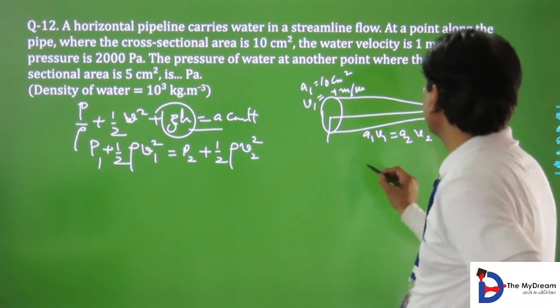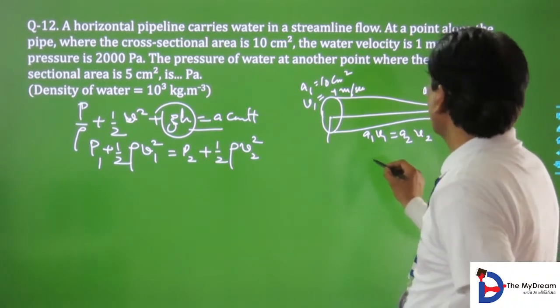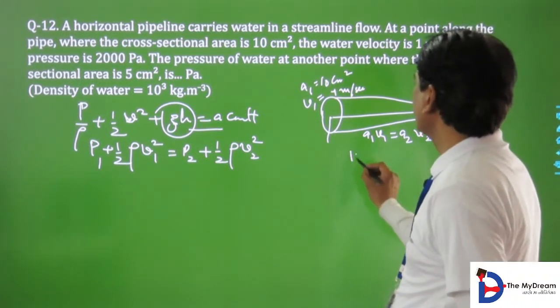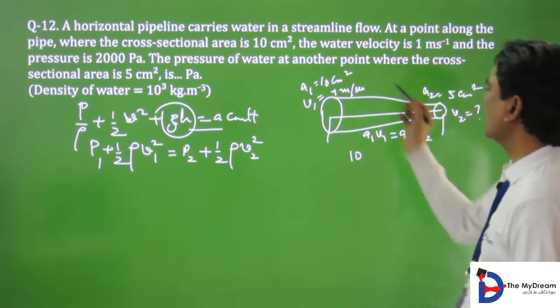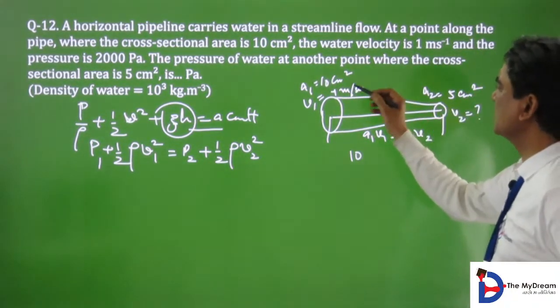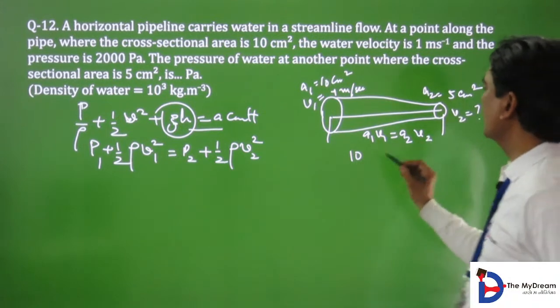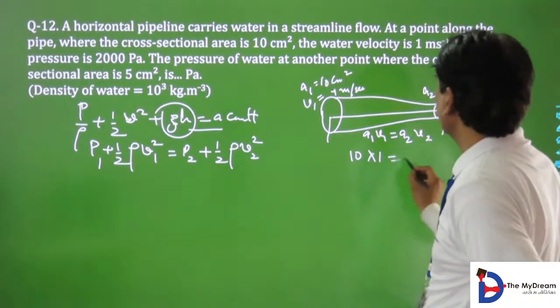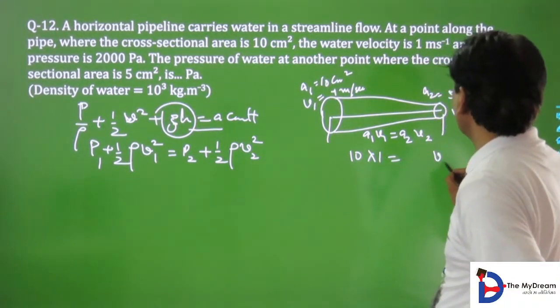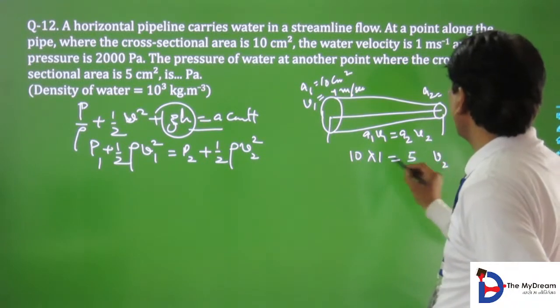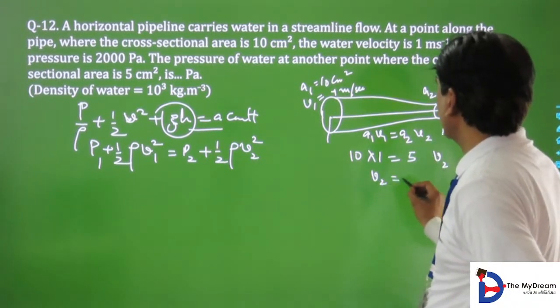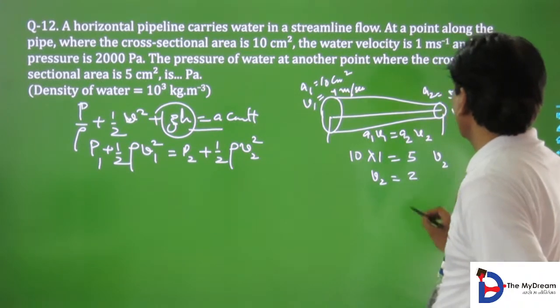A1 is 10. There is no need to convert into meter square because centimeter square cancels. V1 is 1, V2 is of 5. So V2 is equal to 2 meter per second.